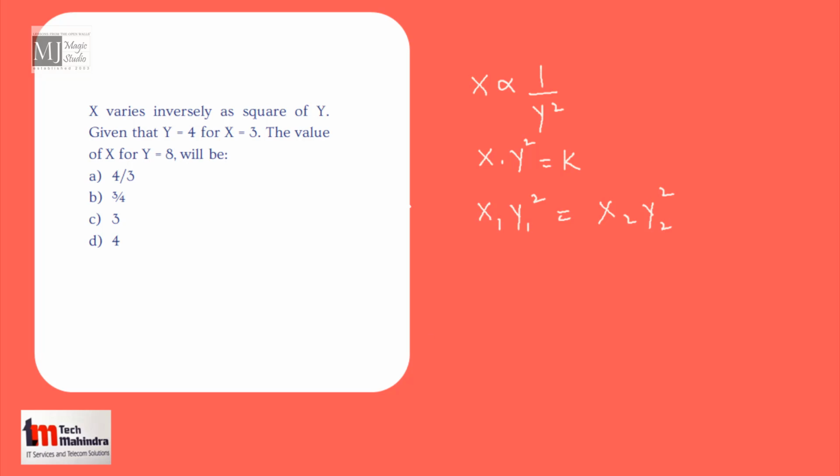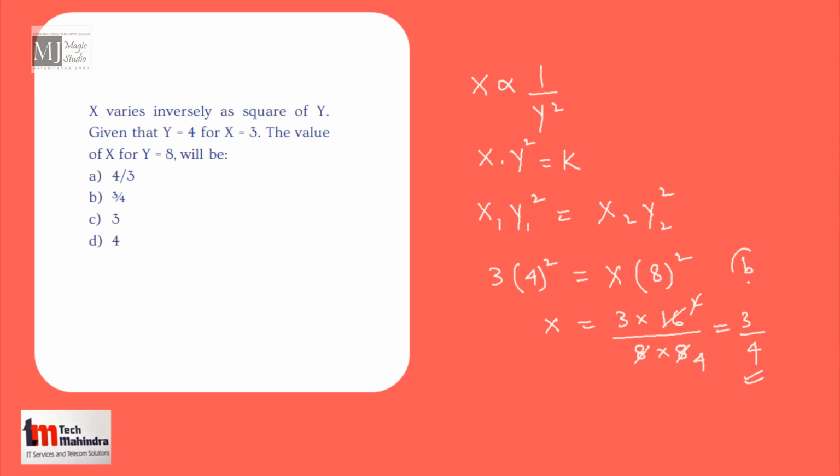Given that y is 4 when x is 3, then find the value of x. We need to find x2 when y is 8. So the value of x would be 3 into 4 square, that is 16, by 8 into 8, 2 times 2, 4 times. So x should be 3 by 4. Isn't it? Yes, option B is there. That is our answer.